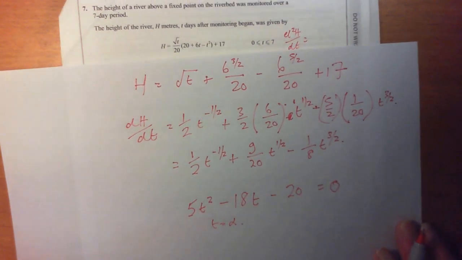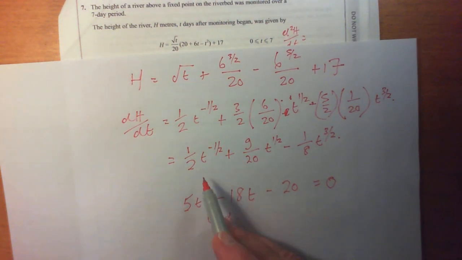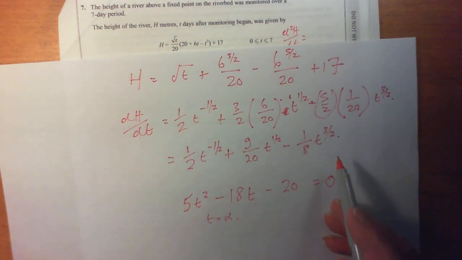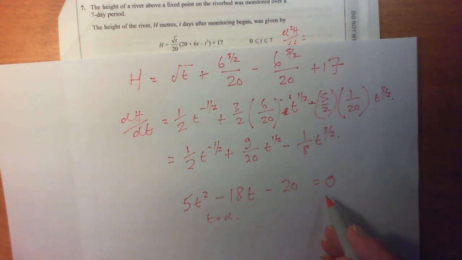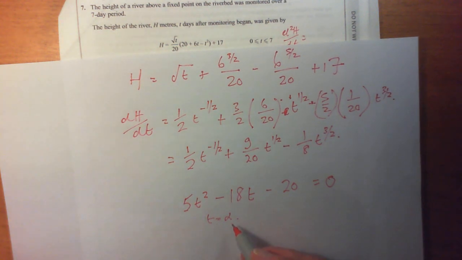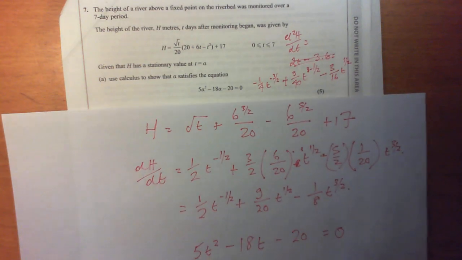Sorry, did you see what I was saying there? I was saying that you end up with this first derivative, you set that equal to 0, you play around with it by multiplying by t to the power of a half, and you end up with this equation. It's then that you say, okay, let t equal alpha and prove what it says here.